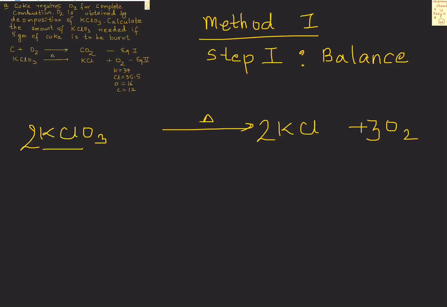Now we've got the second equation, C plus O2 gives you CO2, correct? This equation is already balanced. We've got 5 grams of coke. So according to the equation, 1 mole of carbon giving us, not carbon dioxide, we need to find out the amount of oxygen required, right? So let me do away with the carbon dioxide. Why do I need to bother myself about carbon dioxide?